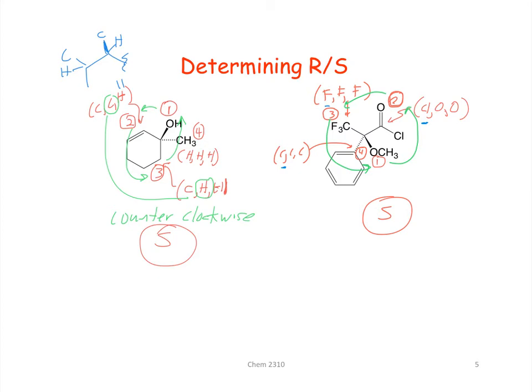Let me show you an interesting thing, or I think it's interesting at least. This molecule on the right is called Mosher's. Well, it would be called Mosher's acyl chloride because of this chlorine functional group. We'll learn that later, but it's used to determine the chirality of secondary alcohols.